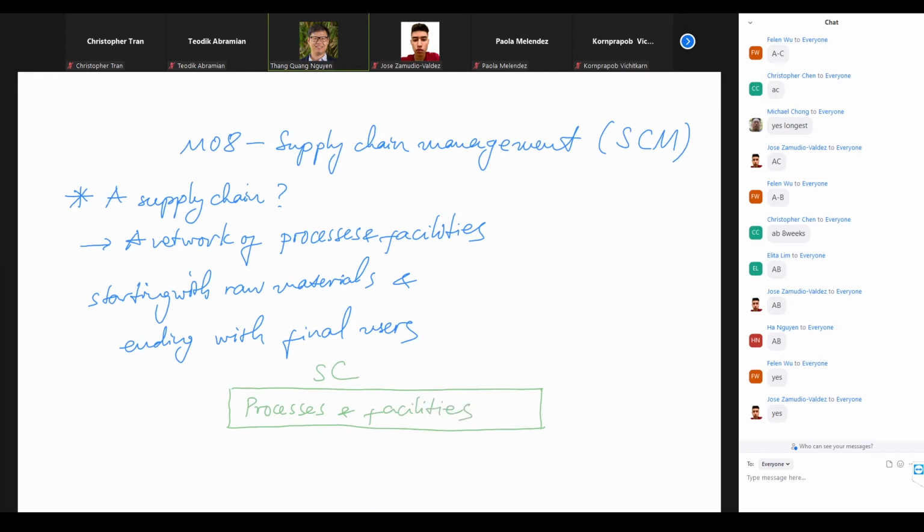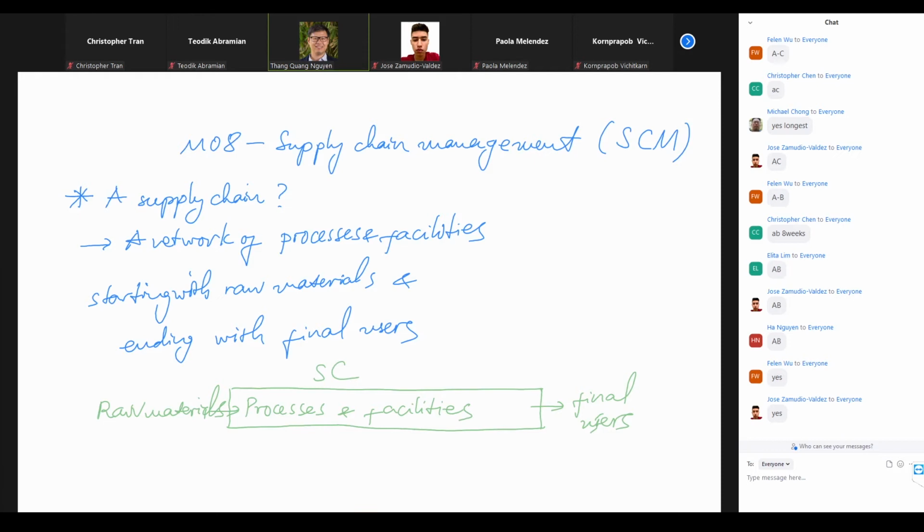So that at the beginning end, we can take in the raw materials. And at the end, we ship the goods to the final user. It can be services too. At the end, we deliver the services to the customers, right? Okay, so a supply chain is like that.